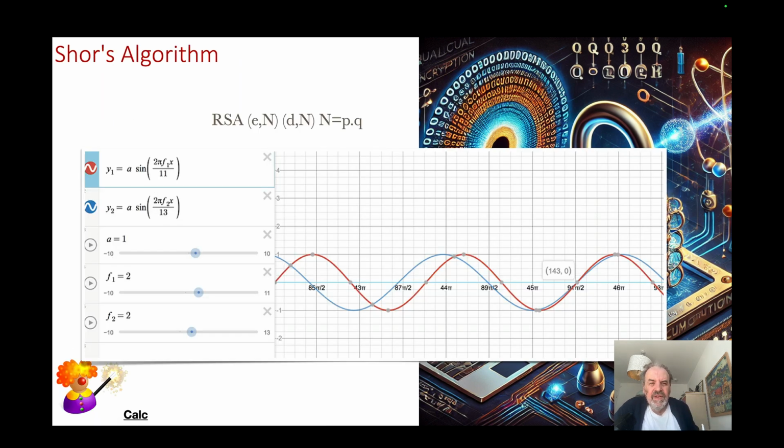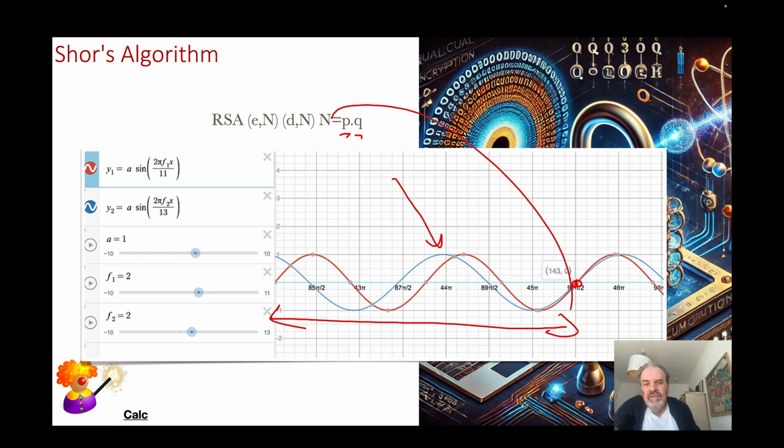Basically the method is that we have two prime numbers which relate to the frequency of a wave. Then we can measure the point at which they cross over, and that should relate to the modulus, and from that we can find the P and the Q for each of the waves, and thus factorize the modulus in RSA.